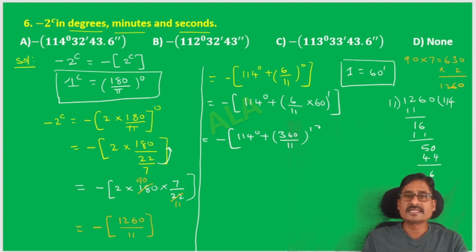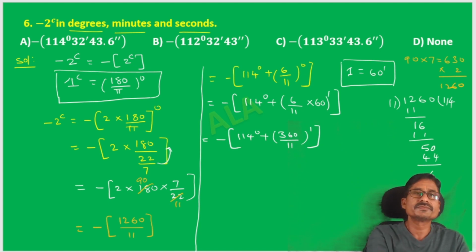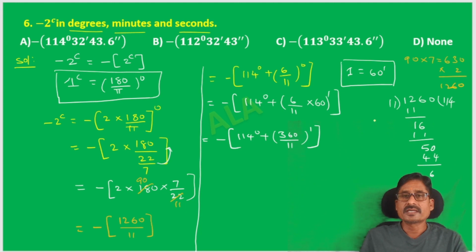Now this 360 is divided by 11. 11 threes 33, 3 remainder and 30. 11 twos 22, now 8 remainder.